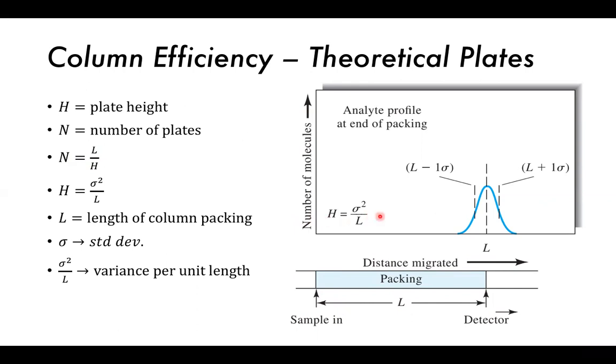So here we have the sort of Gaussian distribution of the number of molecules observed around the detector, where we have a distribution around the L value, which is where the detector is situated, and the plate height is related to the standard deviation of the distribution of the molecules around this central L point, where the distance between these lines is given as L plus 1 standard deviation and L minus 1 standard deviation.